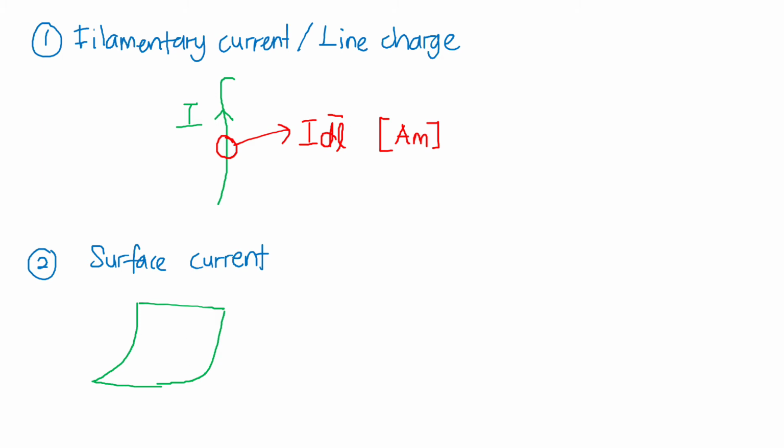Thus, I'm going to write it as JS. Now the charge movement is very critical. The direction of the charge is very critical. And you need to write S here because this S denotes the surface current density.